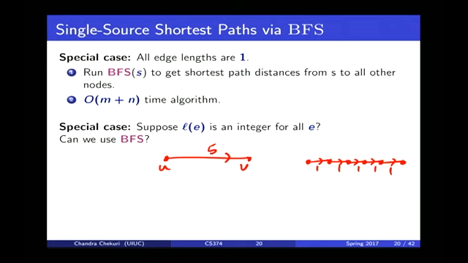Problem solved, right? But it's a very important observation, and it's not particularly important that they are integers, they're rationals, you can do things, right? But the important thing you need to realize is that we already know how to solve the shortest path problem even if the edge lengths are not 1, conceptually, okay? BFS will do it for us, right?